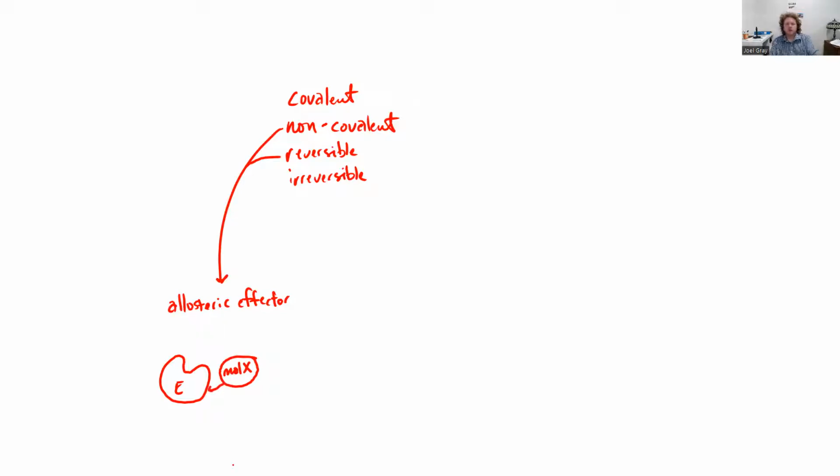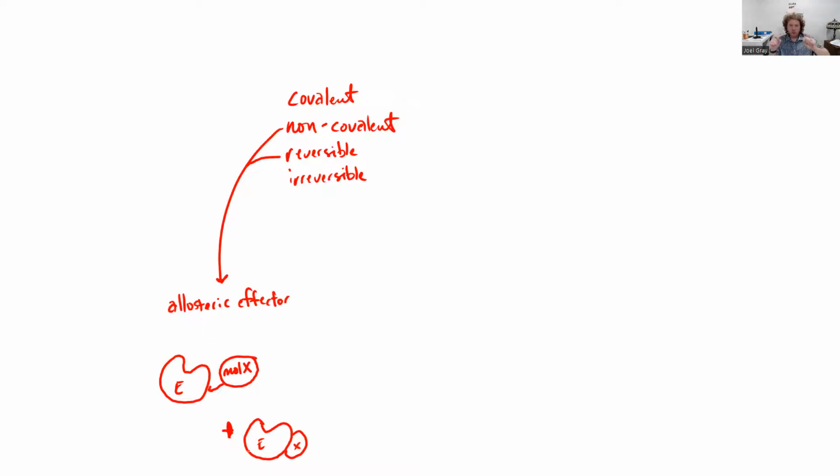Let's say that there are some electrostatic and hydrophobic interactions that stabilize this complex right here, E with molecule X, which I'm going to label there. This combination of these two molecules could be activated. It could also be inactivated.